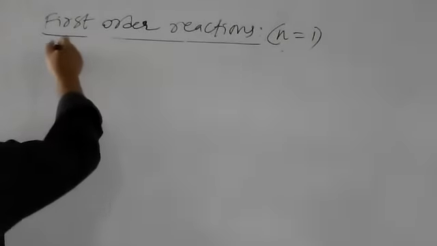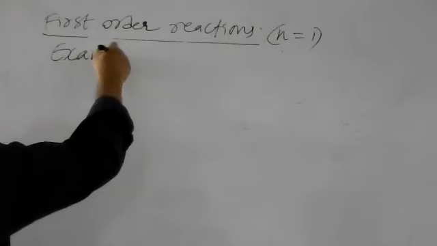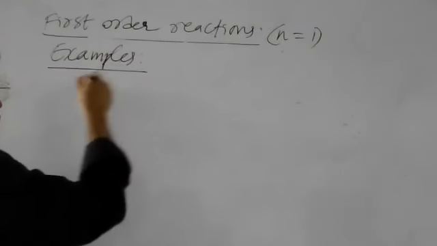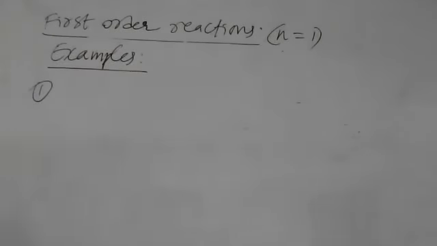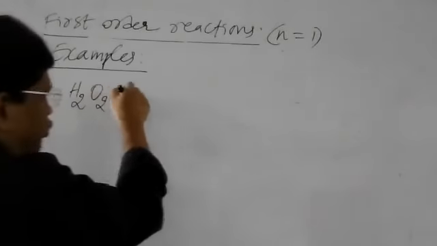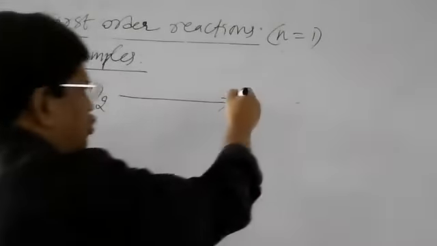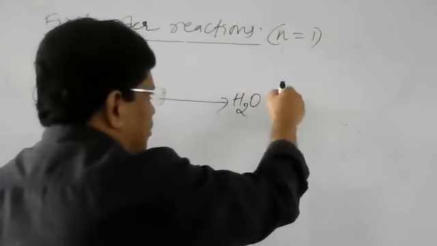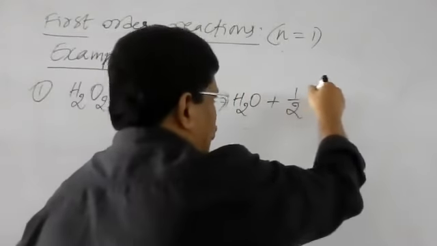Now, example here. The first example is decomposition of H2O2. One molecule of H2O2 decomposes to form H2O plus half O2.